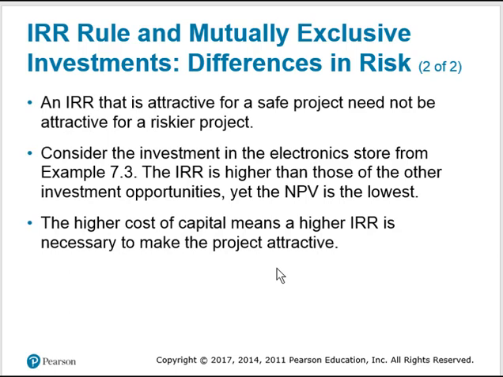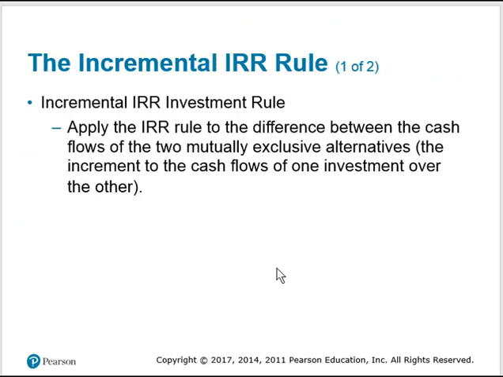Of course, what that now means is the cost of capital, the discount rate, is now higher. So the projects have to be more profitable just to make them look okay. So again, the reason for the differences: differences in risk, differences in the timing of cash flows.